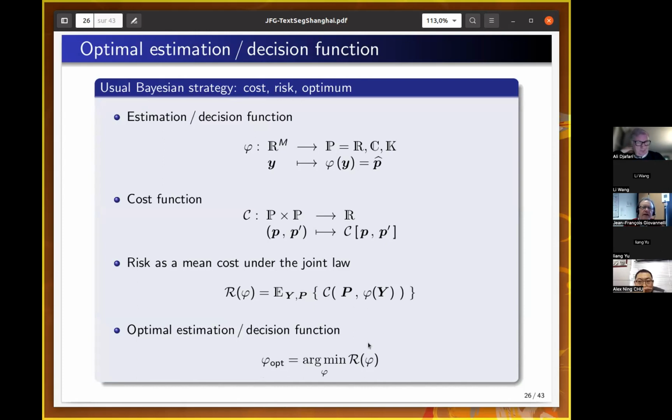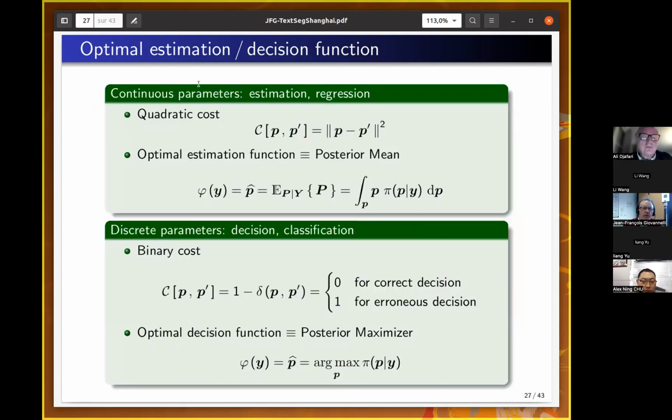Often for continuous parameters, if we consider the cost function as the squared Euclidean norm between two parameters, the optimum function is known to be the posterior expectation. It is the best function, the minimum mean square error. And regarding a discrete parameter, we have a decision. If the decision is correct, there is a zero error.